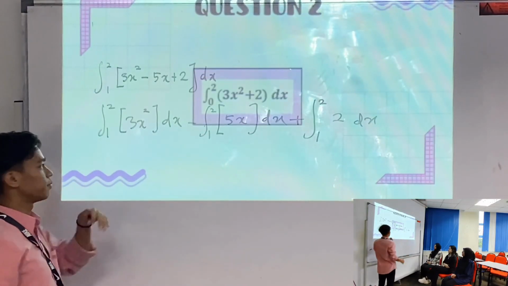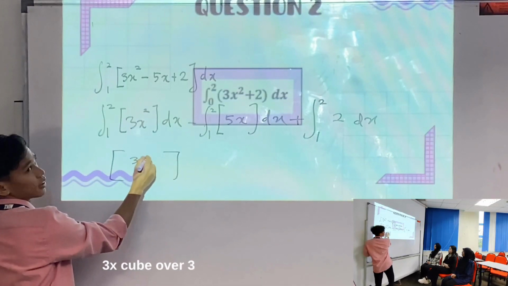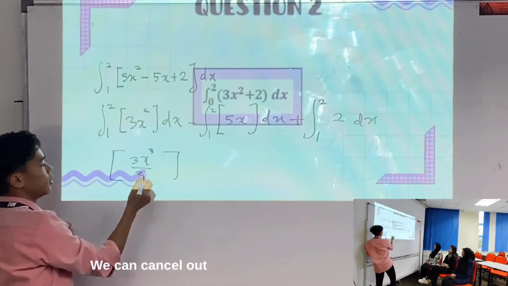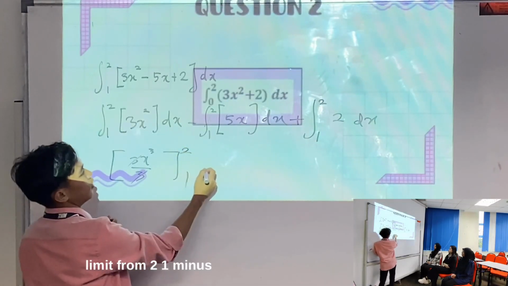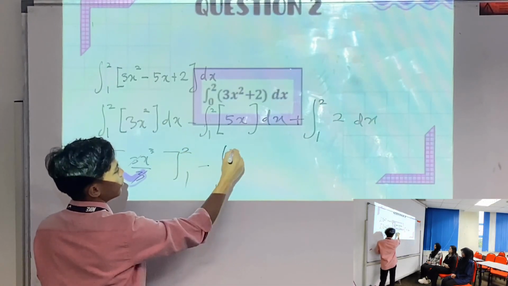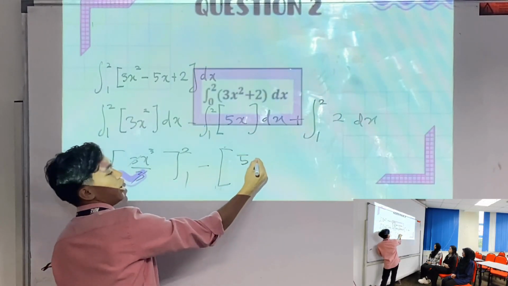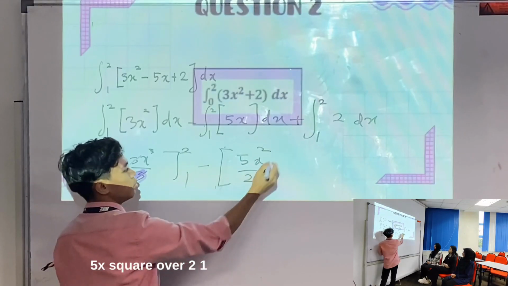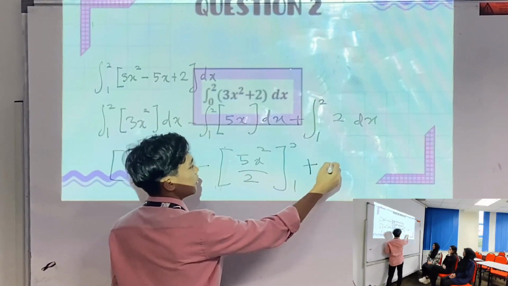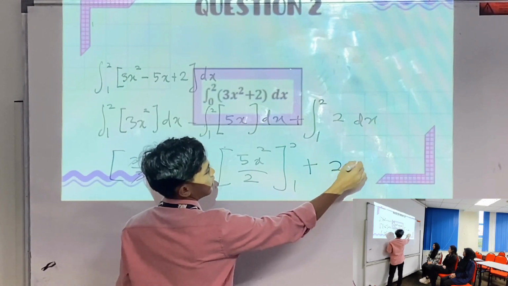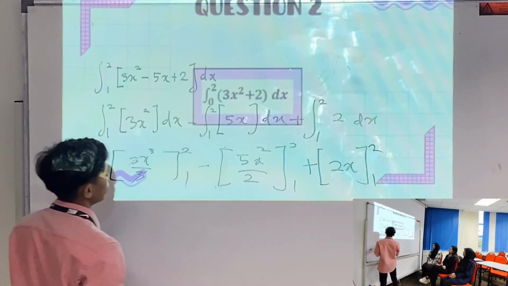Integrate all of them. 3x cubed over 3, we can cancel out, minus 5x squared over 2, plus 2x, with the limit of 1 to 2.